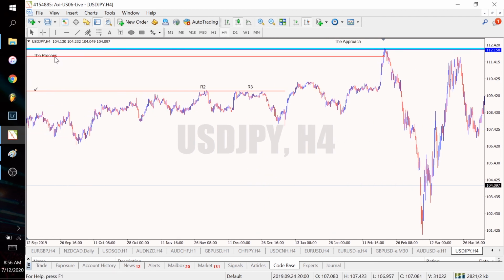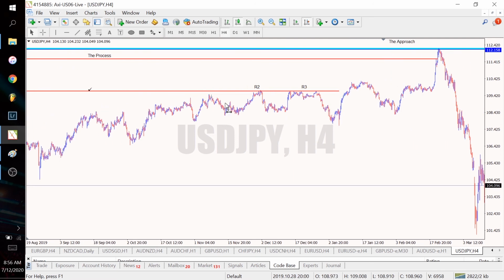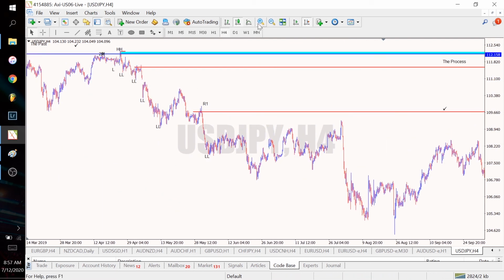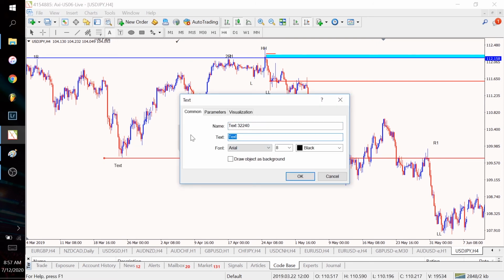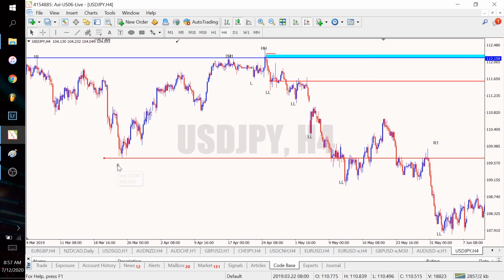So maybe let's just move this up a little bit. Okay. So we have more resistance here. If you stretch this across, you have a support as well. You stretch this across, you see there's another resistance here. You have another support here. So this, I'll pass this off as an SR flip fake out.